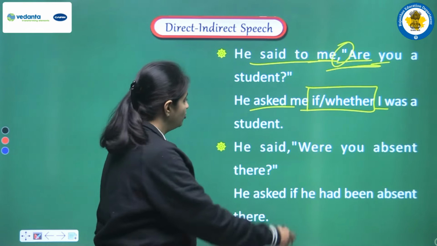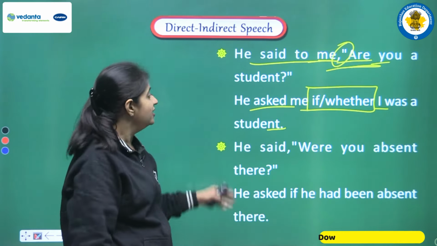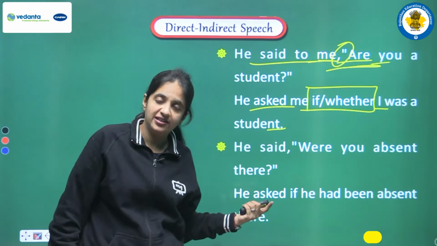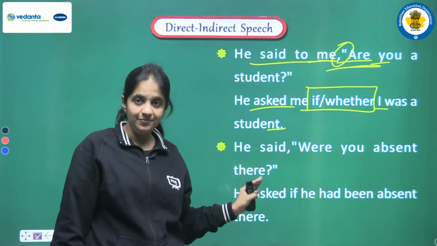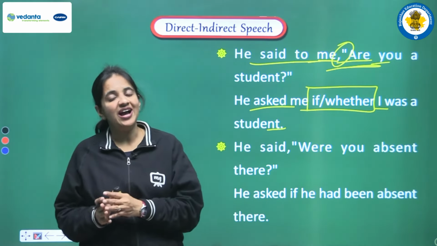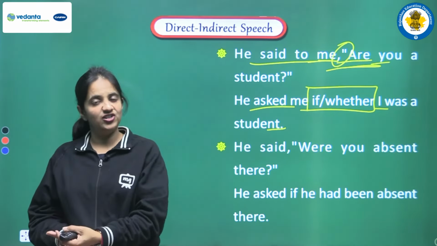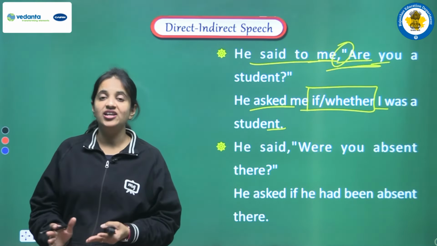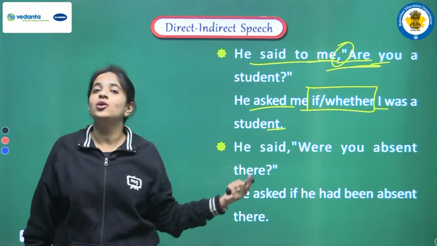Okay, and in the end of the sentence, yes, we have to add a full stop, and this is the reason the complete sentence will be he asked me if or whether, we can use any one word, I was a student. Clear? So this is the difference between WH words and yes no type questions. When we are having a WH word, we don't use any other conjunction, but when we are having any auxiliary verb, then we have to add the conjunction, and for conjunction we are having two options here. We can use any one word.